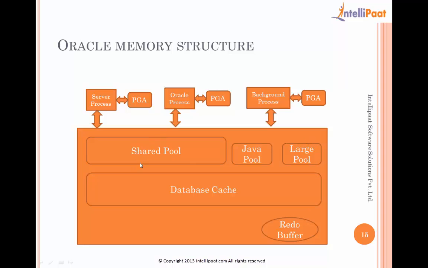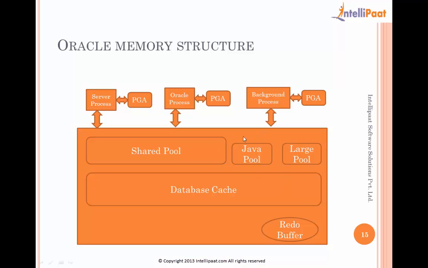The shared pool is where the data dictionary is stored, and all your parsed SQL statements, the program status, the log information, all these things are stored in this shared pool. And the database cache is where all the data blocks come and reside. This is used purely for data block caching, and is not used by any other functions.